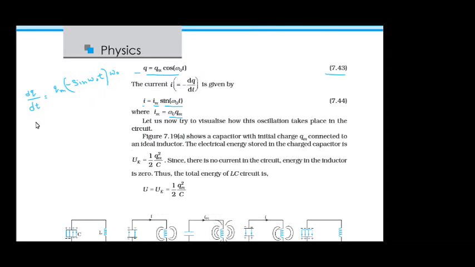So ultimately we can write dq by dt is equal to minus I.